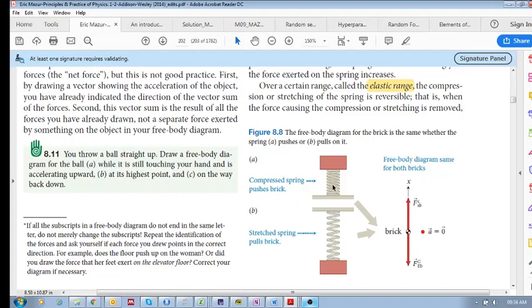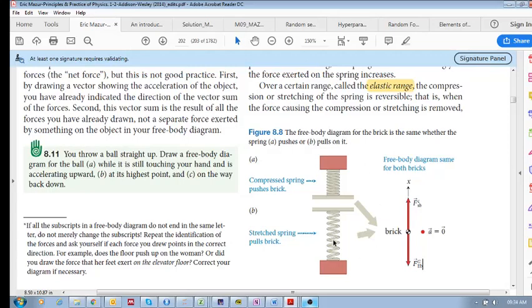Now, one thing that is important to note is that anytime you compress a spring, it wants to resist the compression. So it wants to restore itself back to its relaxed length.